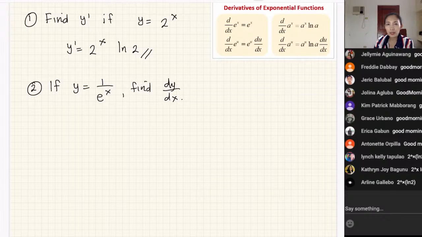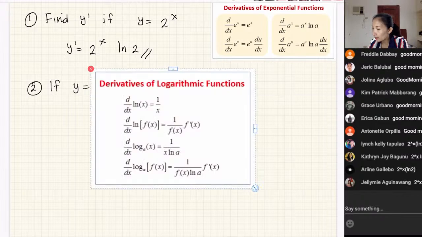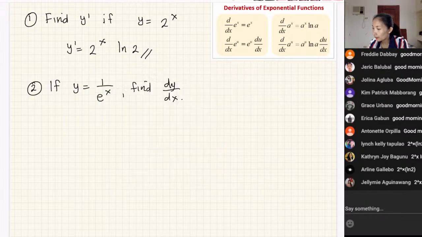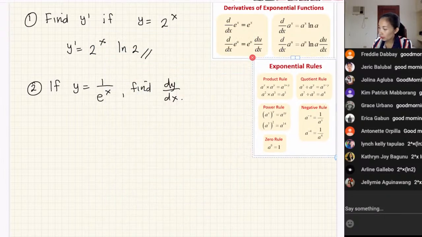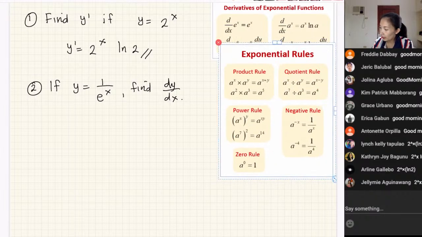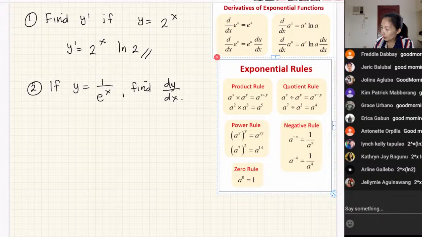Remember from our review of the laws of exponents, the rule for the negatives, this one. Let me highlight. 1 over a raised to x could be written as a raised to negative x.